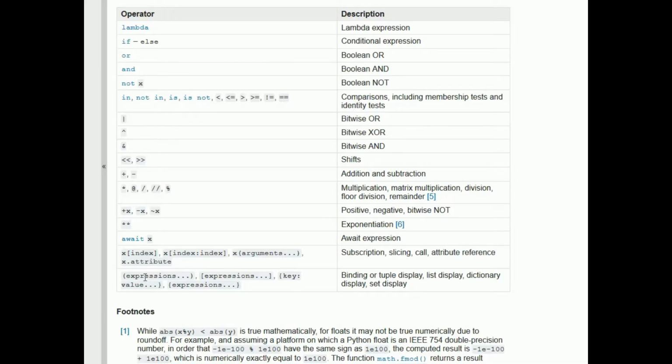Parentheses have the highest precedence, and then exponentiation, and then multiplication and division have the same level of precedence, and then addition and subtraction have the same level of precedence. Add flooring division and modulo to the multiplication and division level. And remember that operators with the same level of precedence are calculated left to right in an expression.